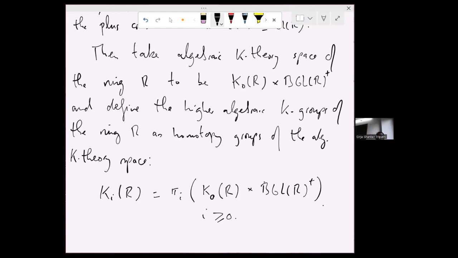Okay, so this is our higher algebraic K theory space, and this is the definition of higher algebraic K groups. As I tried to tell, very briefly sketched, why one would do this.